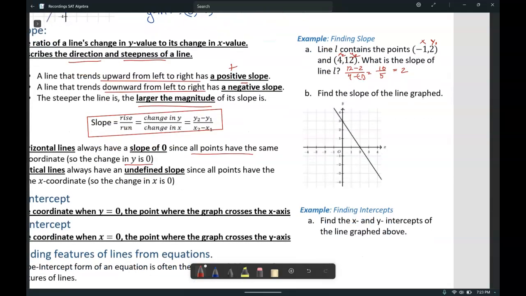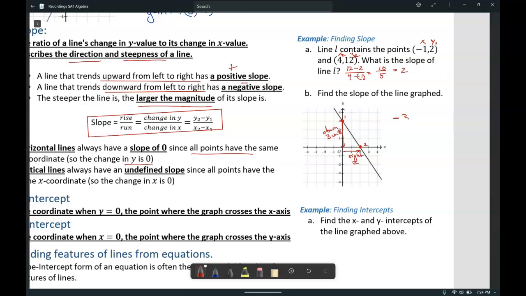If we're trying to find slope on the line graphed, we can look again, pick 2 points that are easy to identify in the graph, and identify the change in y compared to the change in x. So to get from point 1 to point 2, we have to go down 3 units and right 2 units.